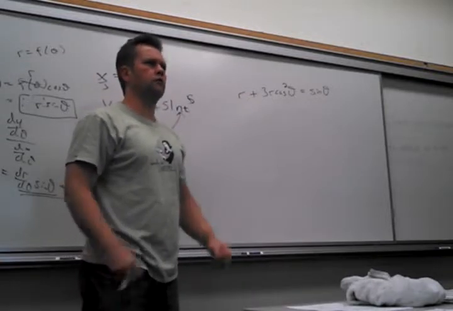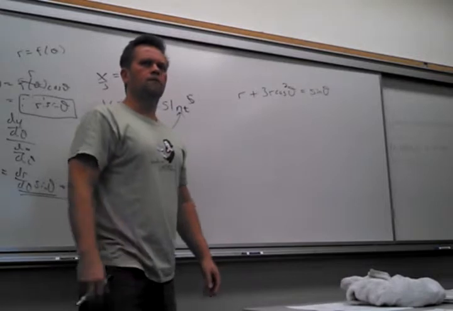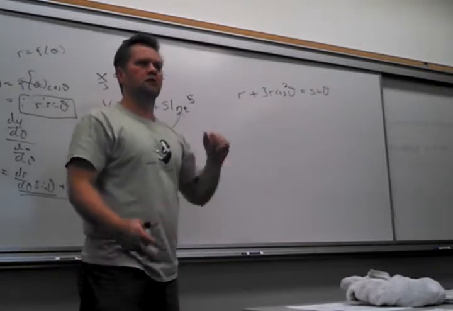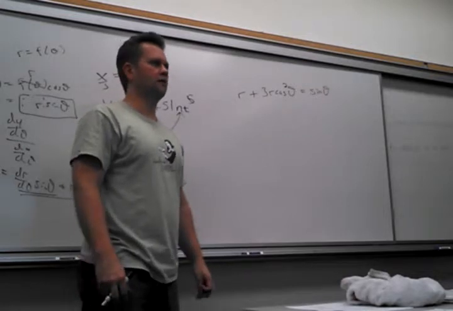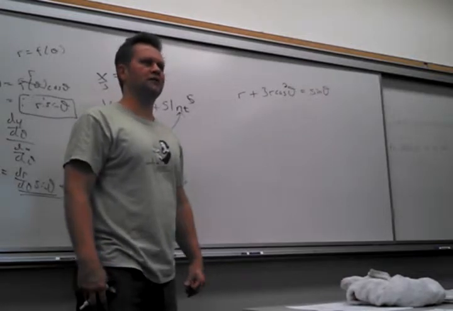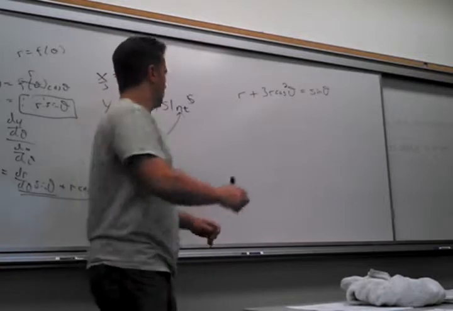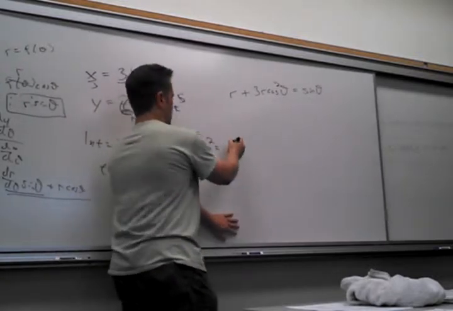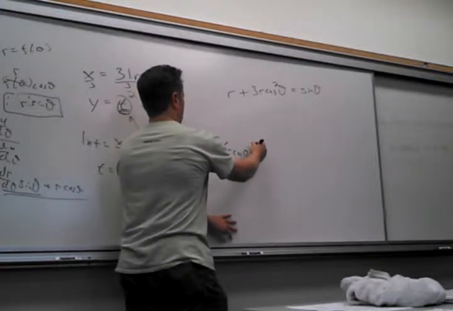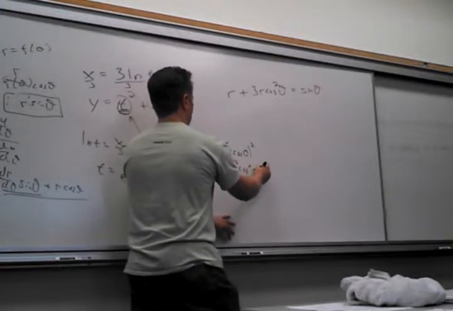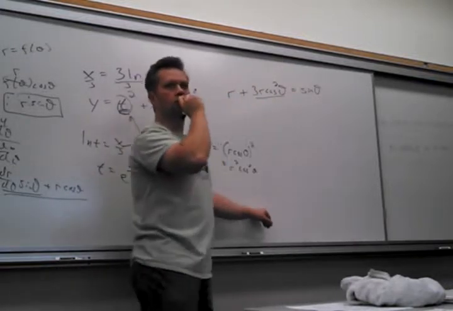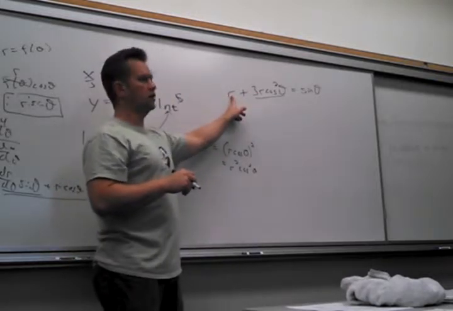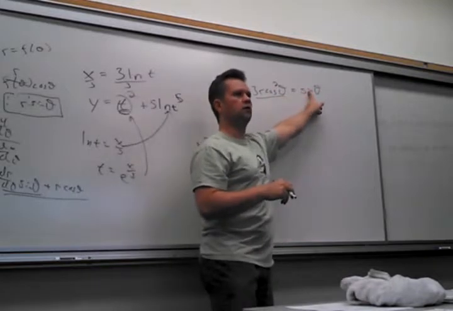It just needs you to remember to realize something. How many of those terms need an r? 1, 2, getting close, 3. All 3, because what is x squared? R squared cosine squared. So has this got everything it needs? No, it needs one more r. Needs another r.